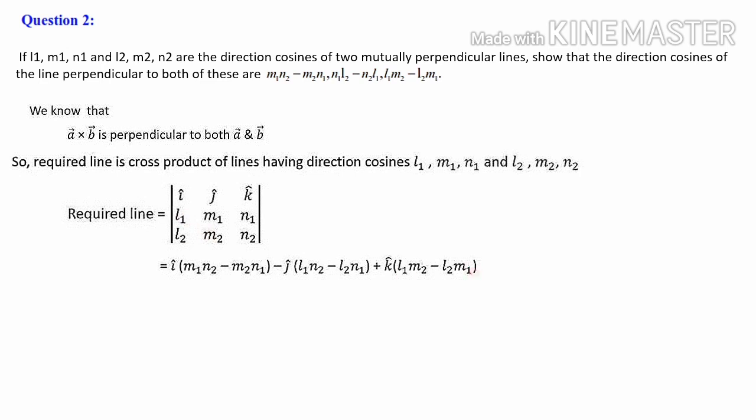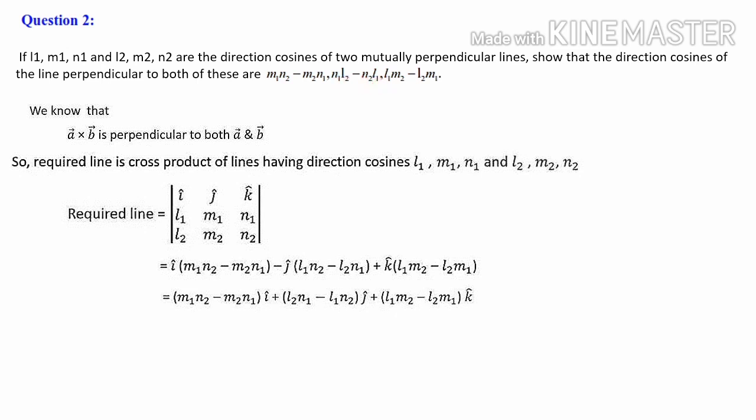A little bit of rearrangement we have to do because we have to compare it with these direction cosines. So when we arrange, M1 N2 minus M2 N1, this i cap we bring to the right side. Here we need N1 L2 minus N2 L1.